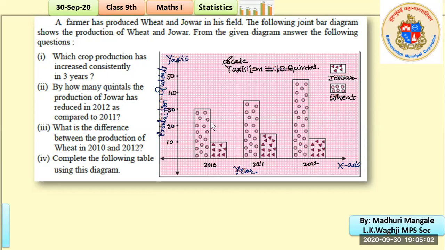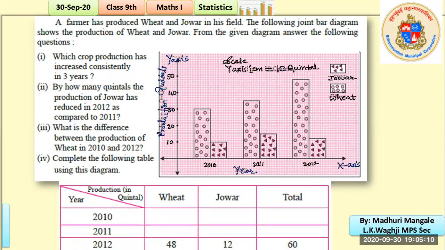To answer these type of questions, the best way is to first draw a table and fill out the entries, so we can put the pictorial information into proper data. So let us quickly fill this table.